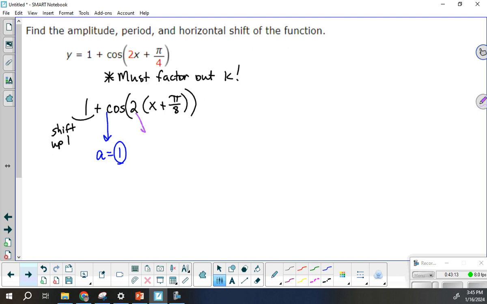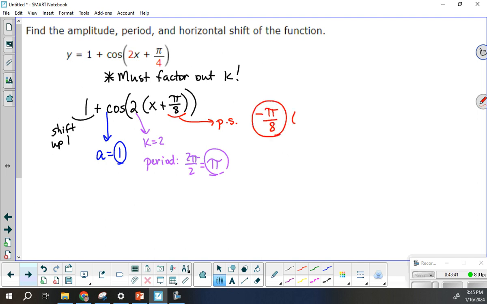This is my k, so my period is 2 pi divided by 2, which is just pi. That's my period. Now, my phase shift or my horizontal shift is going to be negative pi over 8 because on the graph you are technically going left.